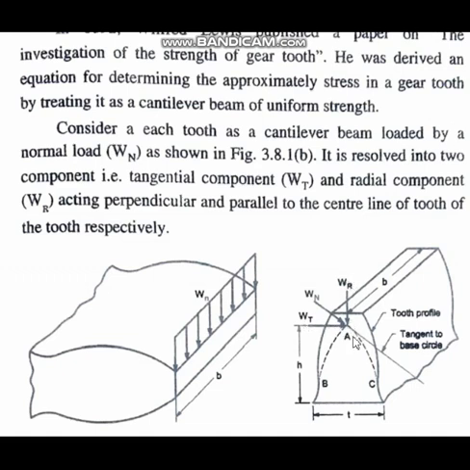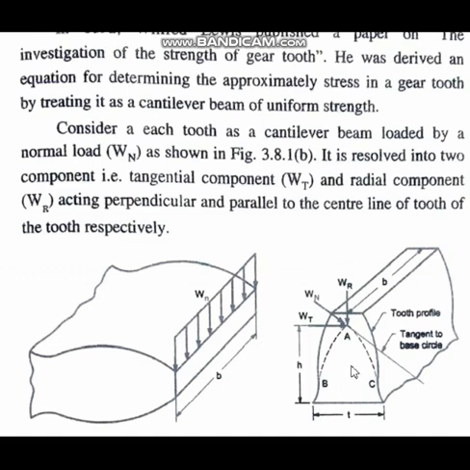One is the radial component, which is going perpendicular to the axis, or along the radius of the gear, and this is going tangentially, Wt. These two components, this Wn can be resolved into.